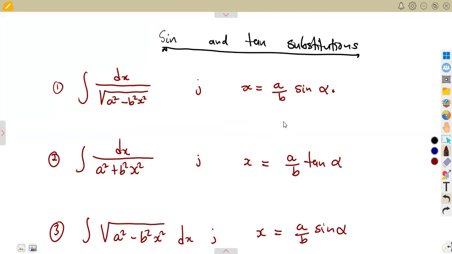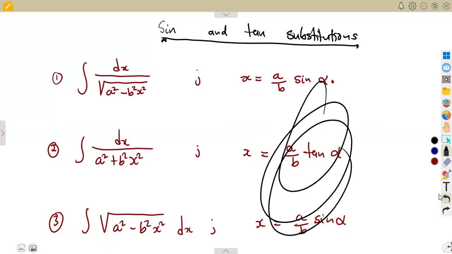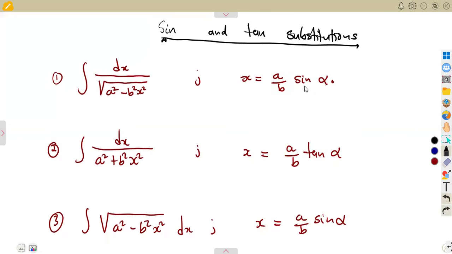So these are the three most common integrals that you're going to work with in your syllabus. I think this is easy to grasp: a over b sine alpha, a over b tan alpha, a over b sine alpha, for just these three. So as we can see, it is supposed to be a substitution in place of x.